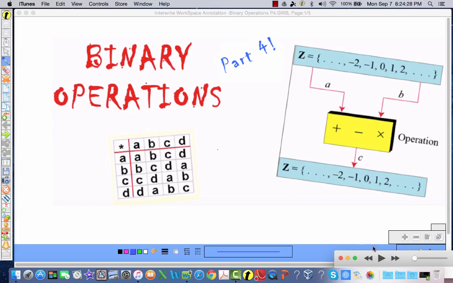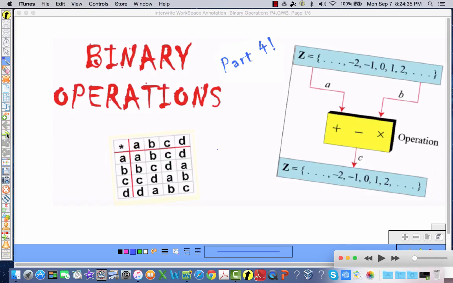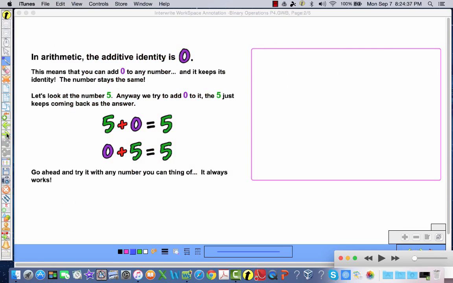This is Binary Operations Part 4, and today we are focusing on the identity. You saw in arithmetic, the additive identity is 0. So we're looking at the identity property of addition. All that says is that I can add 0 to any number and I still get that number. And why the word identity?